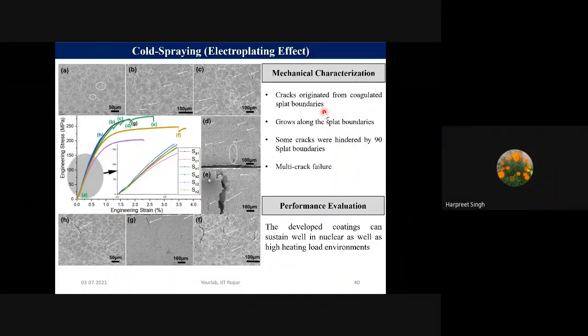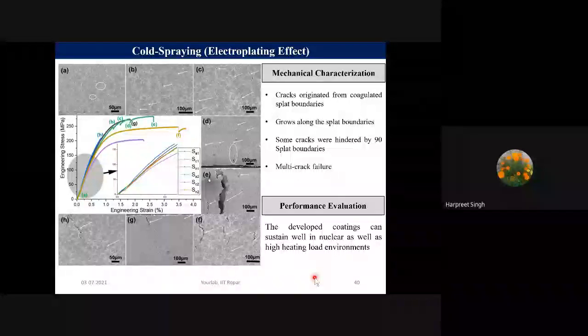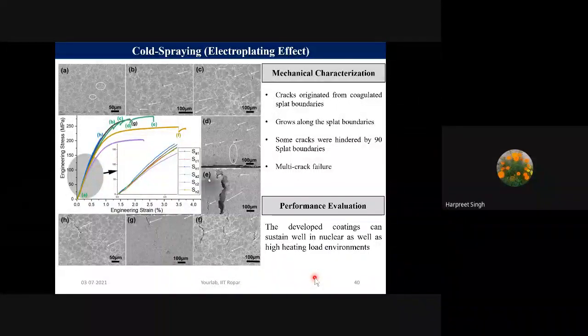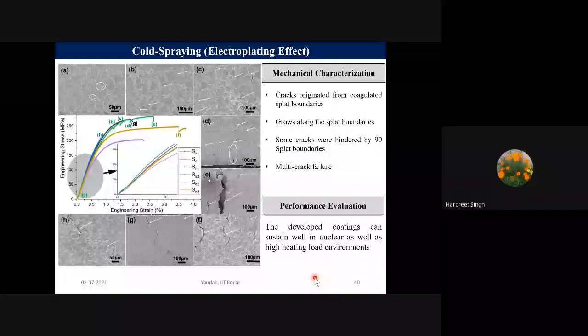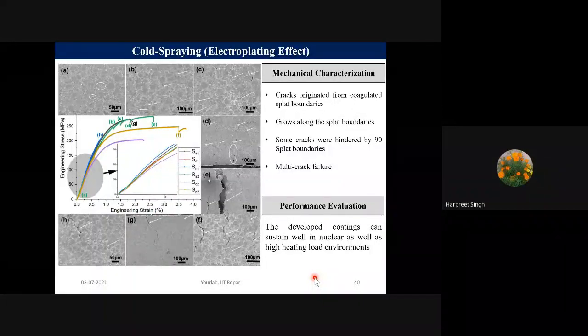And so again, the developed coating could sustain well in nuclear as well as high heating load environments. Let me tell you that all these coatings were even tested under cyclic conditions at 1000 degrees Celsius, for something like 50 hours of cyclic loading and so on, so that we can show that they will sustain in those environments.